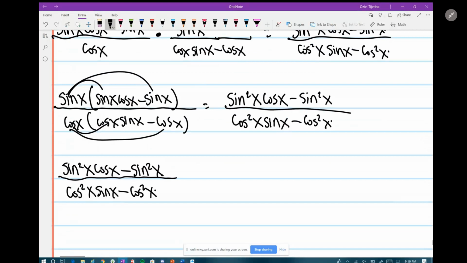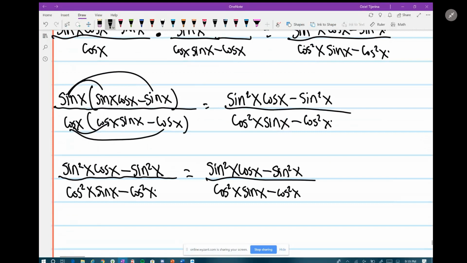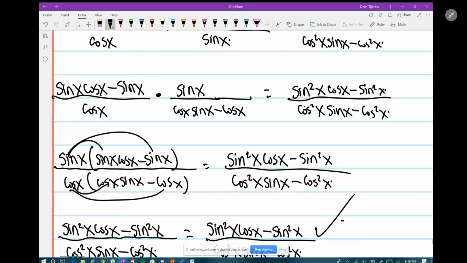That's going to be equal to sine squared of x cosine of x minus sine squared of x divided by cosine squared of x sine of x minus cosine squared of x. And we verified it. So that's how you would do it.